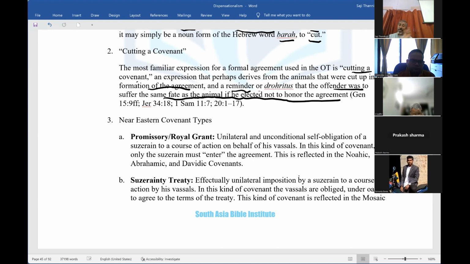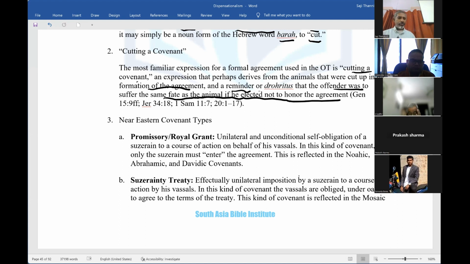It means you make the treaty by cutting the animals. And the idea is that if you don't obey the covenant, you will be like this animal, right? That is the idea.